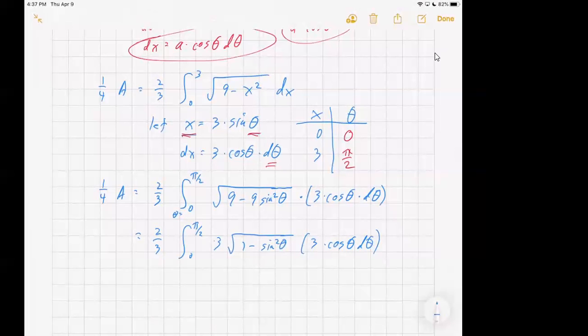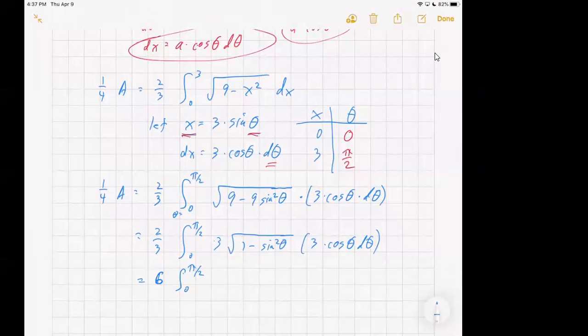That will simplify. We have 2 factors of 3. We can bring those out. Right now we have 9 inside the integral. Let's bring it outside, and that gives us 18/3, which is going to be 6 on the outside. So if I bring all of the constants out, I'll be left with 2/3 of 9, or 6.